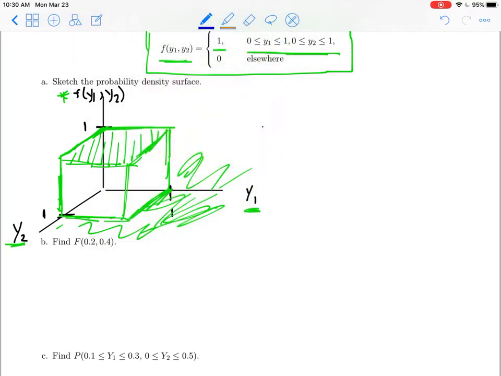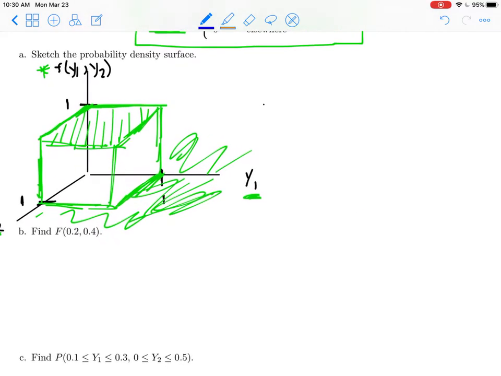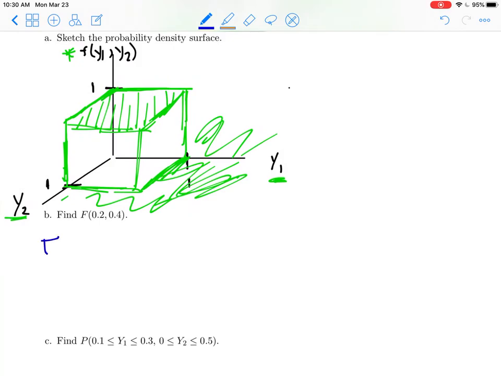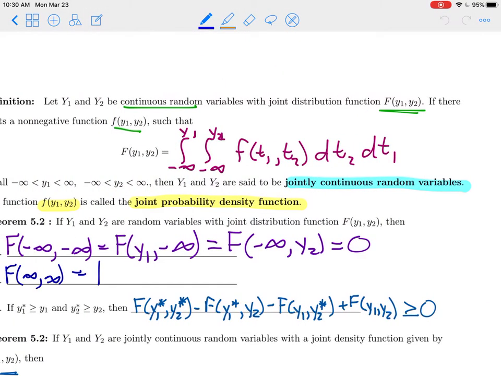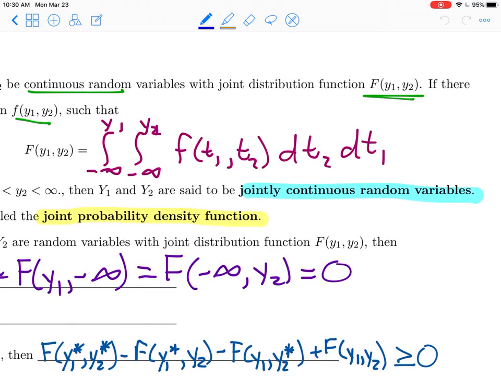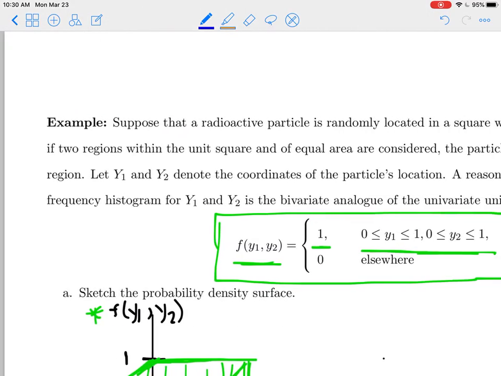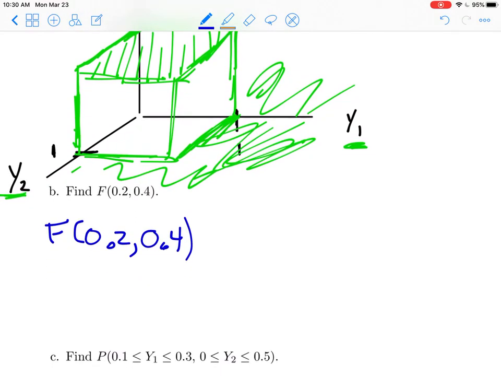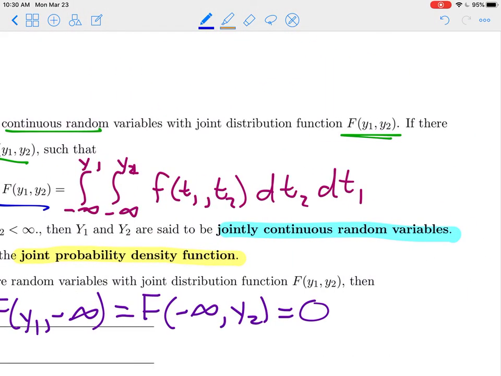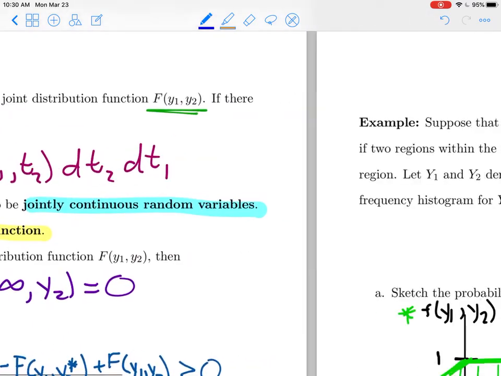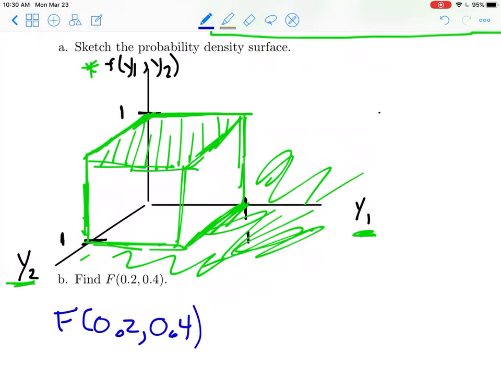All right, so for F of 0.2, 0.4, from our previous page, F of y1, y2 is the integral from negative infinity to y1 and from negative infinity to y2. Here, the value of y1 is 0.2 and the value of y2 is 0.4.